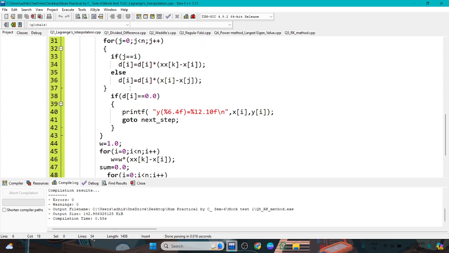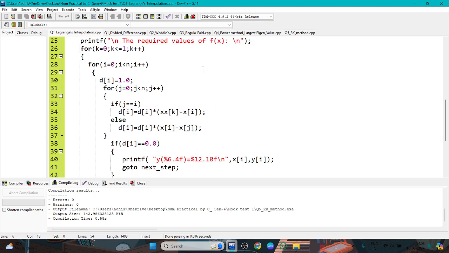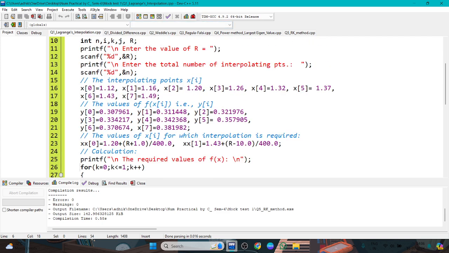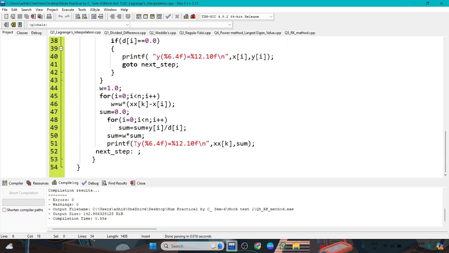That means di equals 0 means xxk equal to xi. This is the particular case when xxk, that is x00, equals say x2, identical, for certain r values. Then we write this, and then go to the next step.